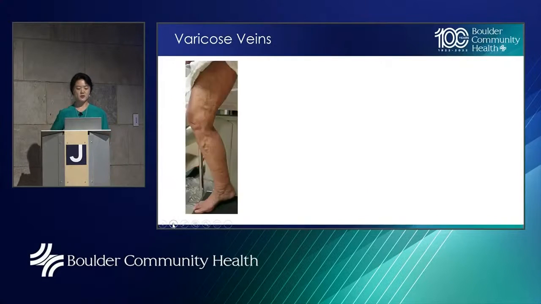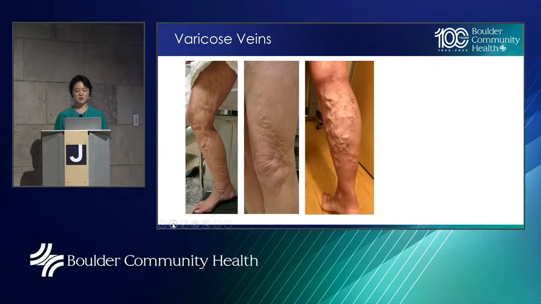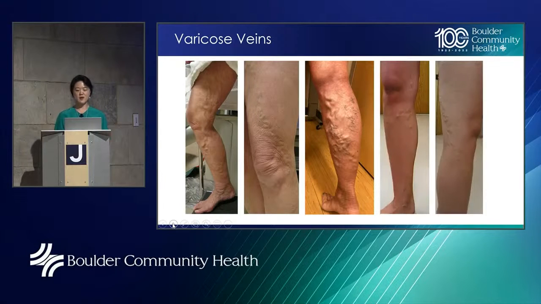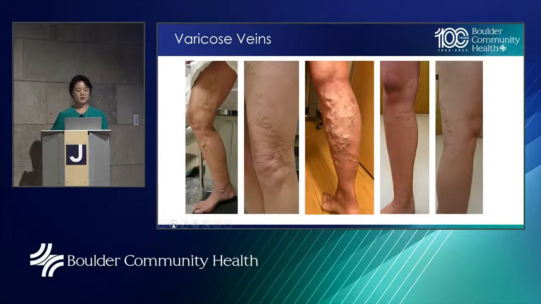Okay, we're going to start with pictures that show some different forms and sizes and locations of varicose veins. These are, by definition, varicose veins in these pictures. They are externally visible, they are bulging, and they can be anywhere in the lower extremities.